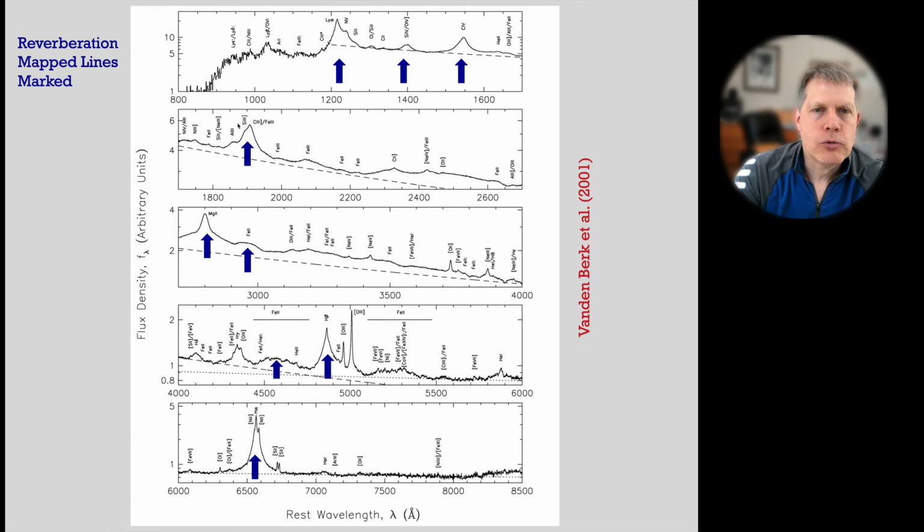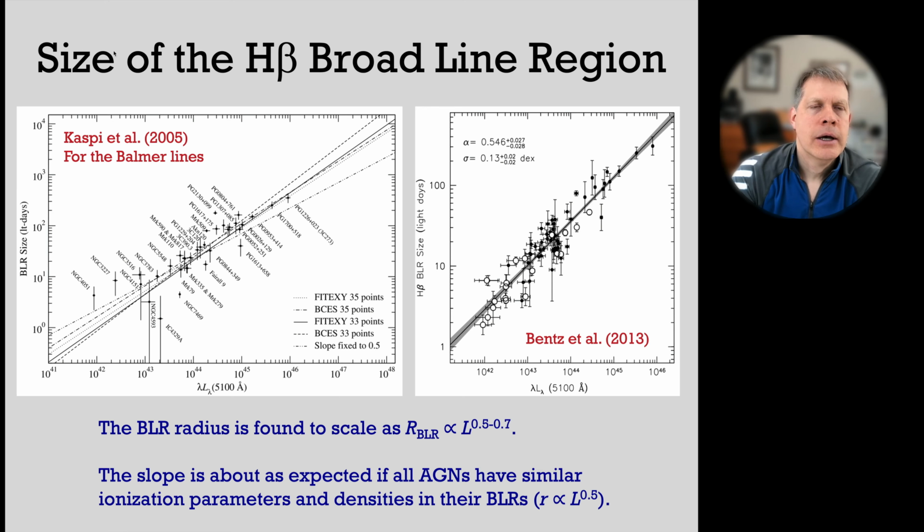So I'll say a few results on these. First, I want to show you the dependence of the emission region size deduced from those lags for H beta and also for carbon 4. Here is the measured size of the H beta emitting broad line region plotted versus luminosity.